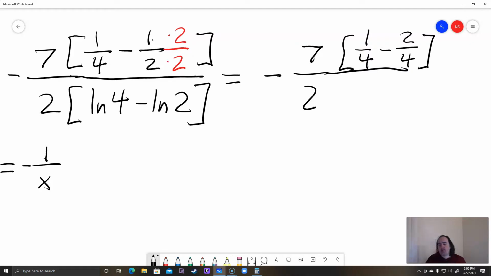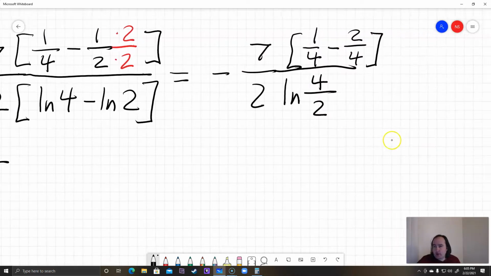And then on the bottom, once again, subtracting outside of a logarithm is the same as dividing inside the logarithm, so we're going to get ln of 4 over 2. On the top, 1/4 minus 2/4 gives us negative 1/4.